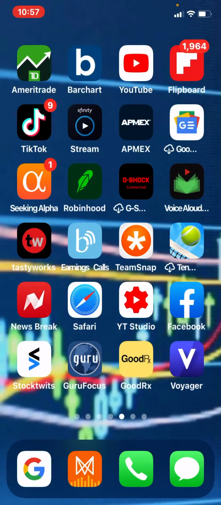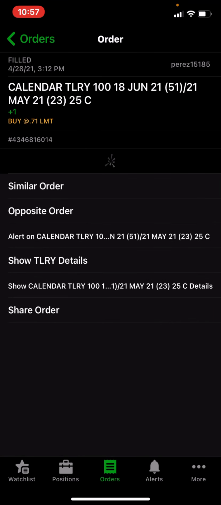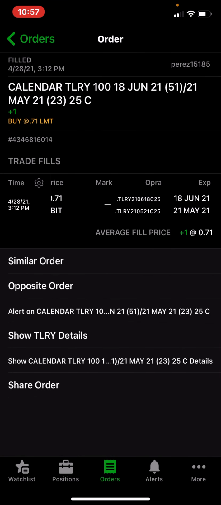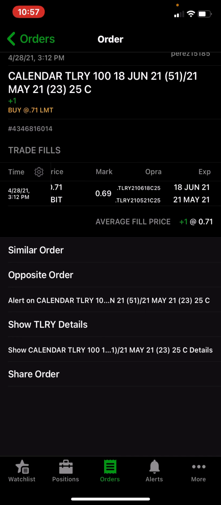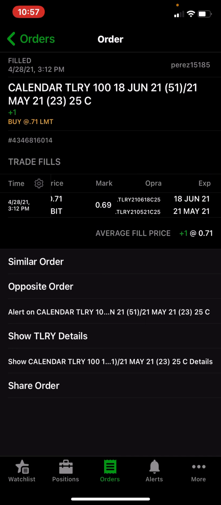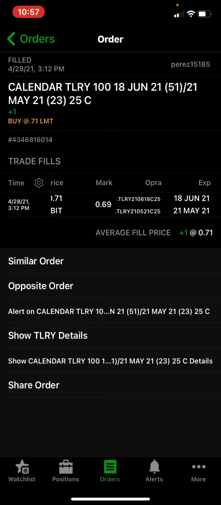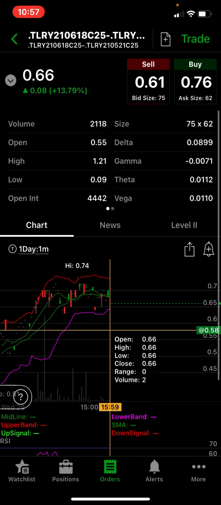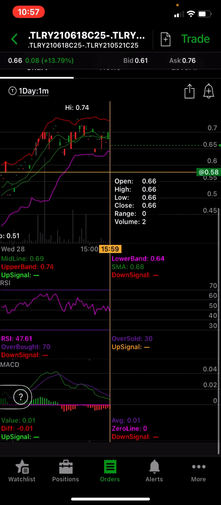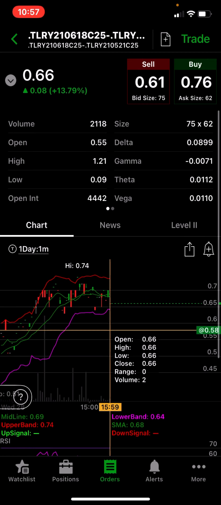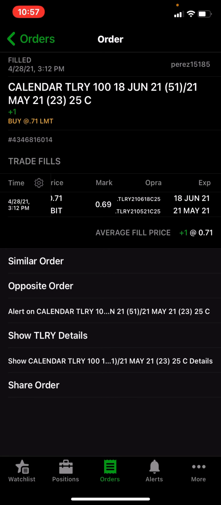I paid 71 cents for it. I wish I had the analyze tab here. I don't think there is a way to analyze this trade here as I can on the TOS platform. It's not really showing me like I do it on the TOS platform.